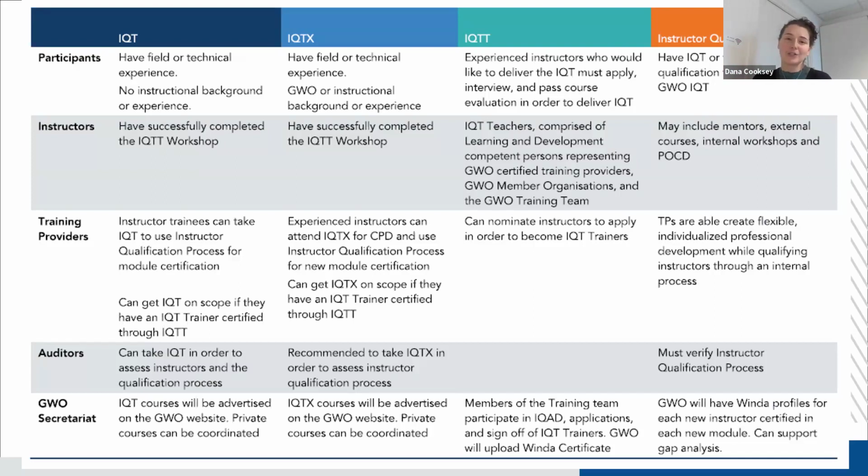So they're an IQT certified instructor, but all they've done after those 9 days is learn how to start instructing. So they still need to make sure they have that content competency, and maybe they're coming out of the field, so they've got that. Now they have this new education and instruction. They've got to still put those two together, and that's going to be happening in the training provider. And what process do they need to be finally signed off?